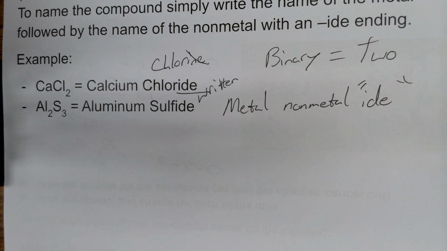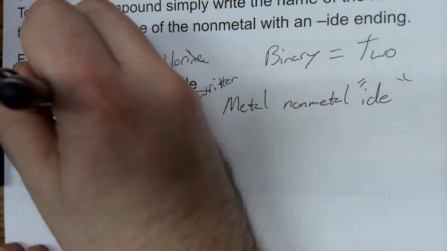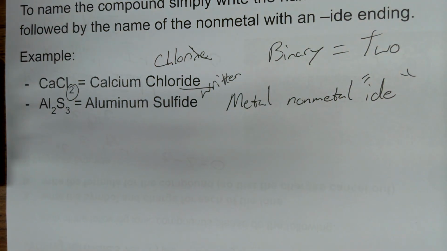So it's now not calcium chlorine, it's calcium chloride. Notice that there are two chloride anions in this relationship. I do not specify in the naming of ionic compounds how many cations or anions I use.